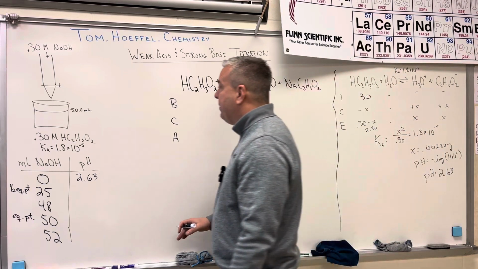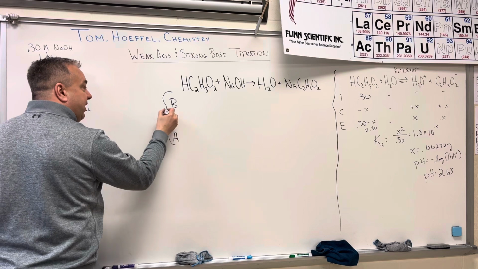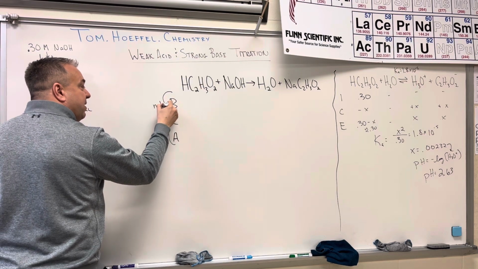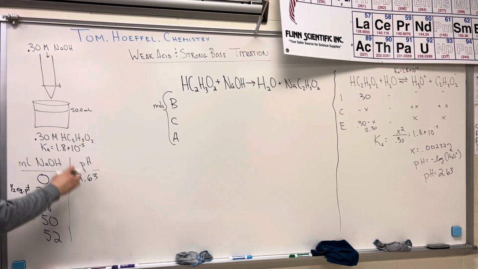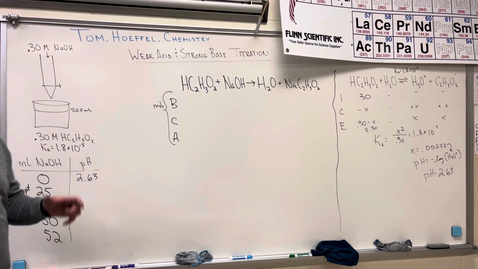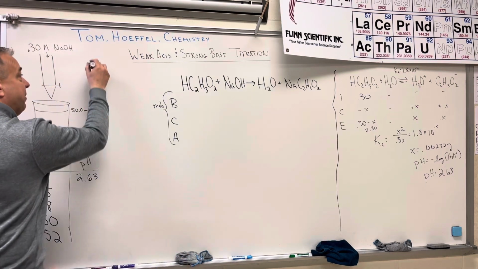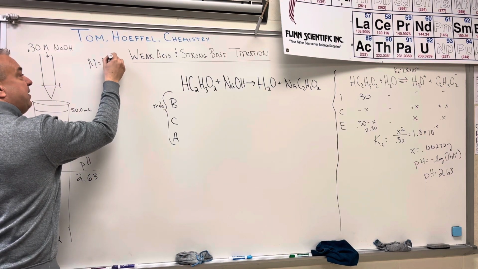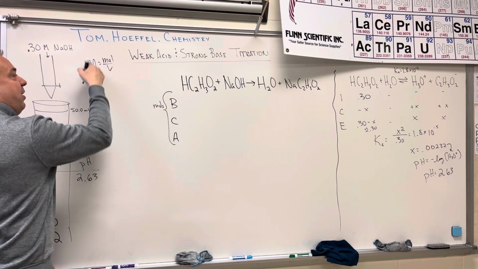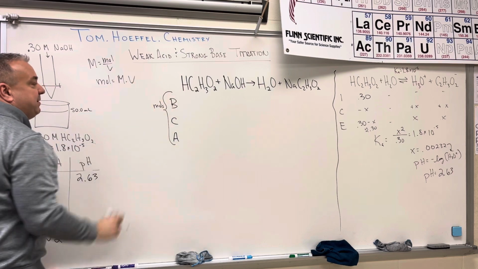So the first thing that we need to do is use this BCA, but everything in here has to be in the unit of moles. And right now I have molarity and volume, and I'm going to use those to calculate the moles. Remember, all I'm doing is using the molarity equation here, cross-multiplying and finding out that moles is equal to molarity times volume.